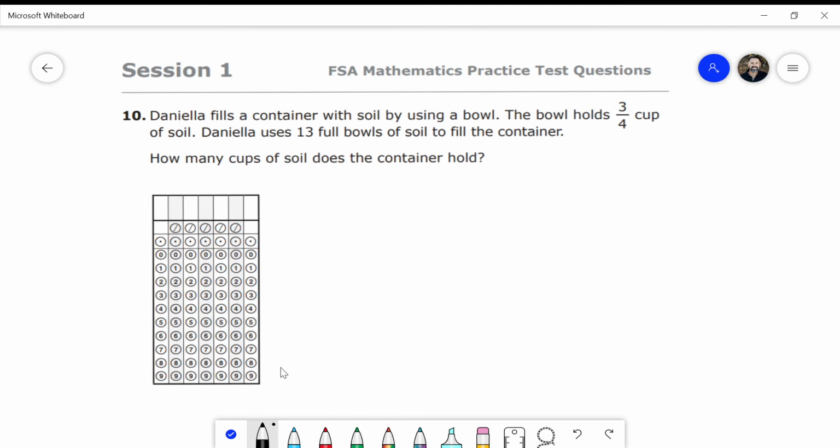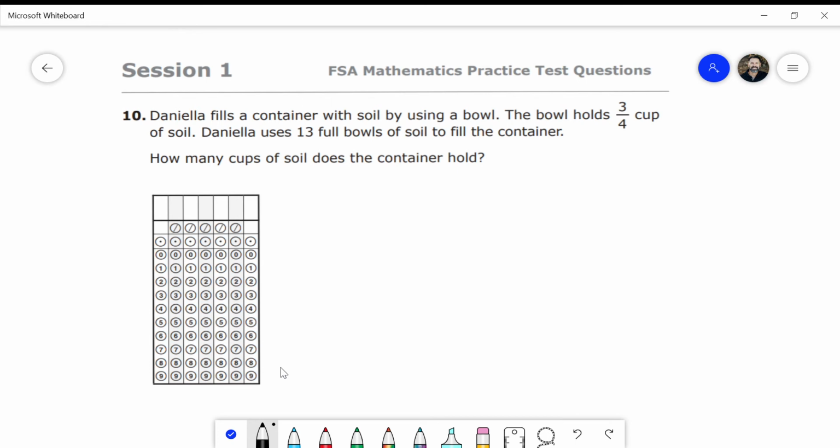It's really important that we understand what's happening. If we can visualize and paint a picture in our head as we're reading the word problem, that's really helpful. It's like a reading skill, right? You want to visualize what you're reading. I can see that there's a person filling a container. It's a pretty big container with soil, and she's using a bowl, and the bowl can only hold a little amount of soil at a time.